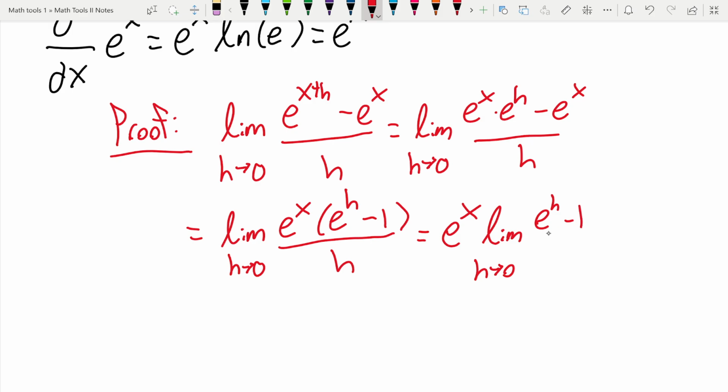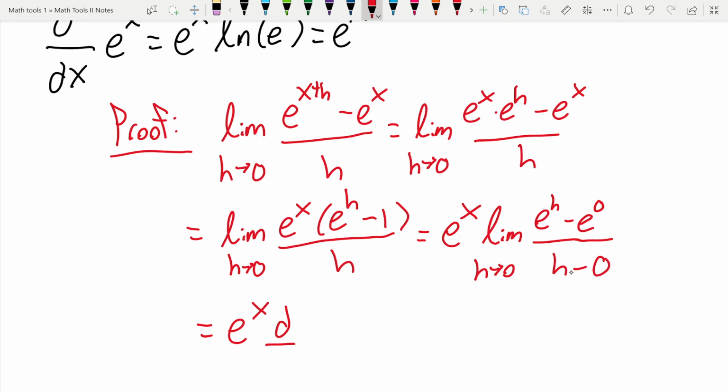So e to the h minus 1 over h. Notice that 1 is e to the 0. So we could rewrite this as e to the x times the... Okay, so over here, this is e to the h minus e to the 0 over h minus 0, right?